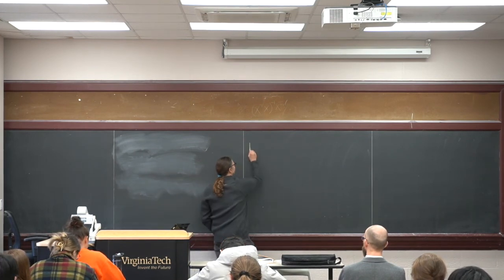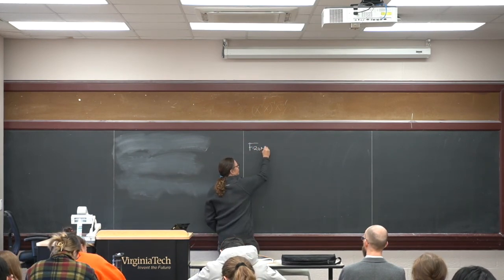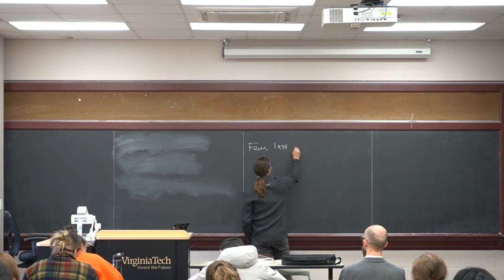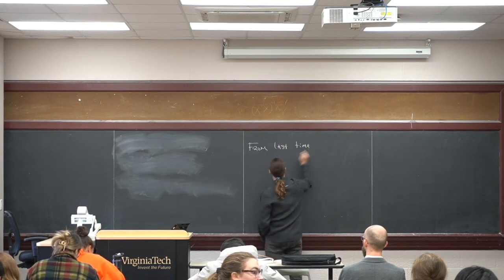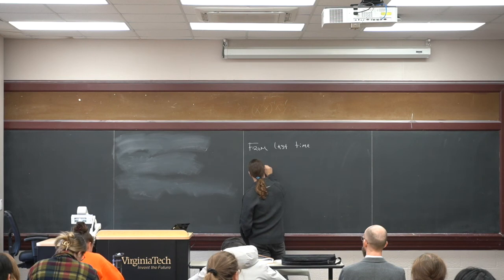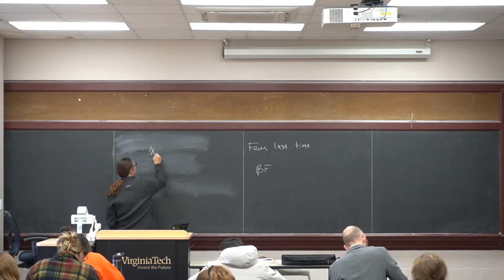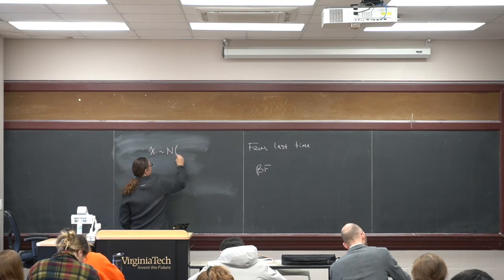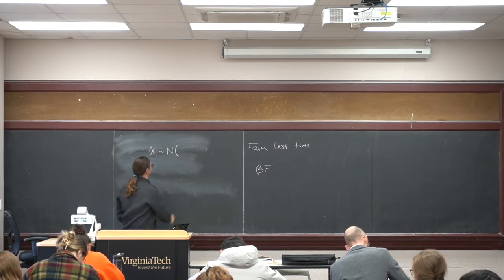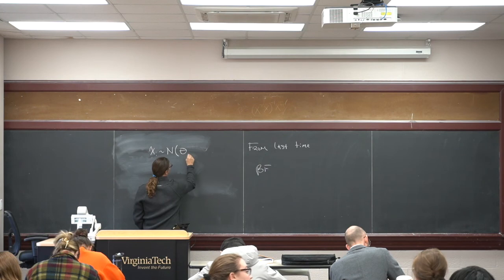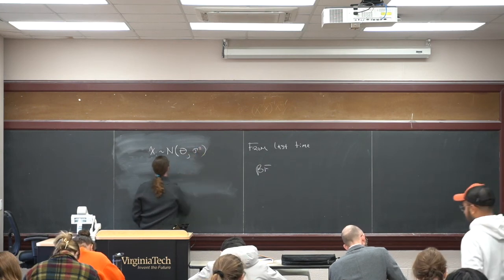So from last time, we are working out this Bayes factor corresponding to the sharp test. So we're going to say we have some data coming from some normal distribution, I'll call this normal theta, variance sigma squared.